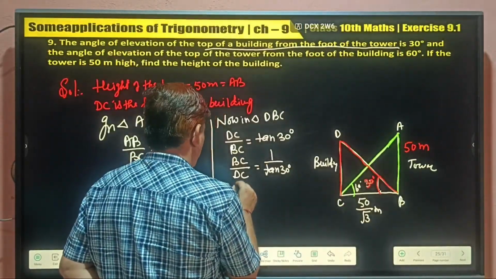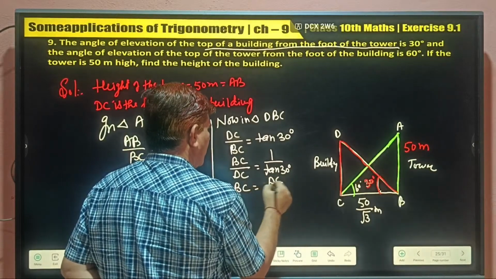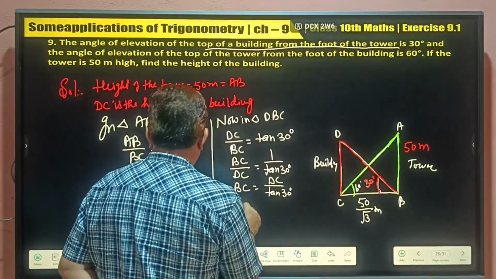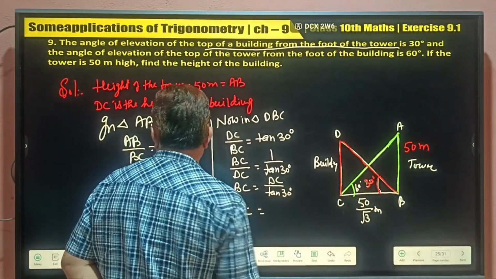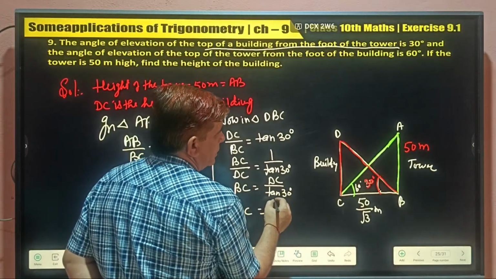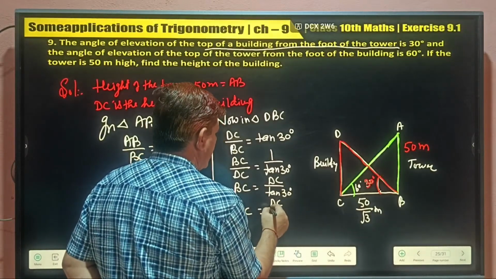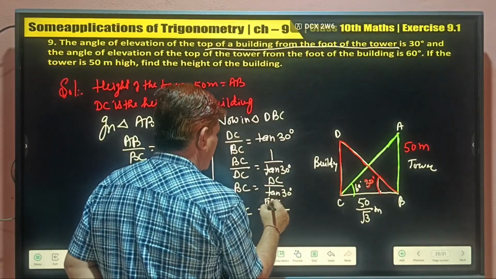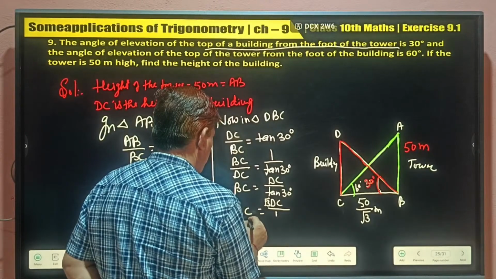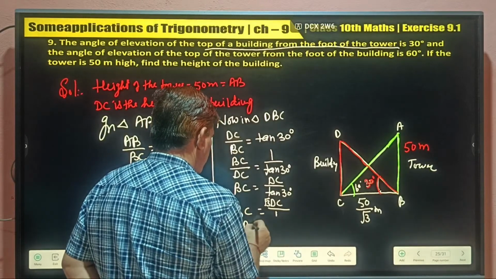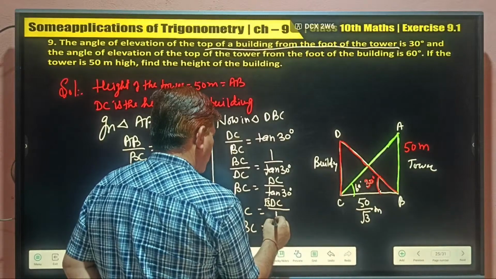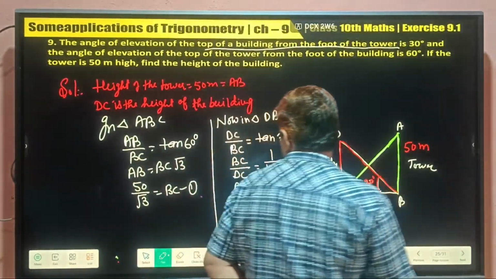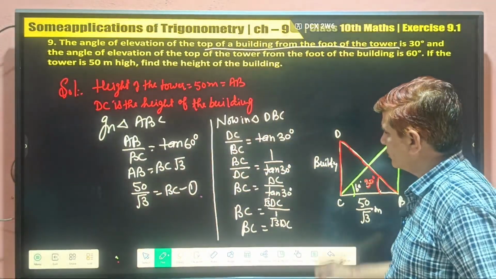So BC is equal to DC by tangent 30, that is DC times root 3, since tangent 30 is 1 by root 3. So BC equals root 3 DC. Yes or no?